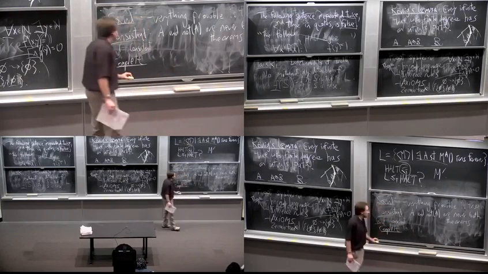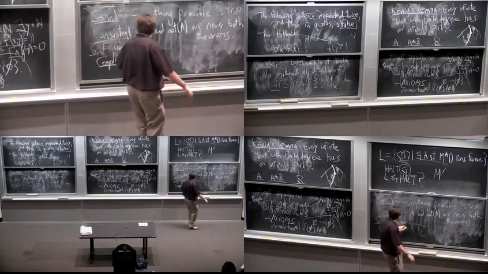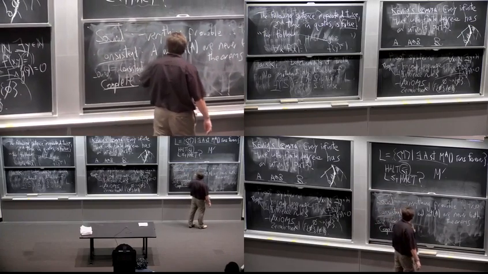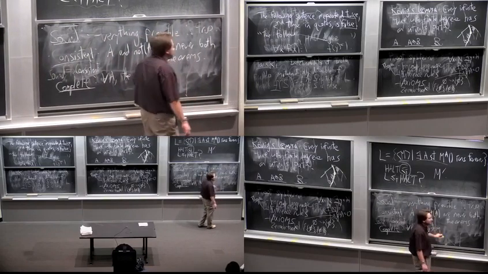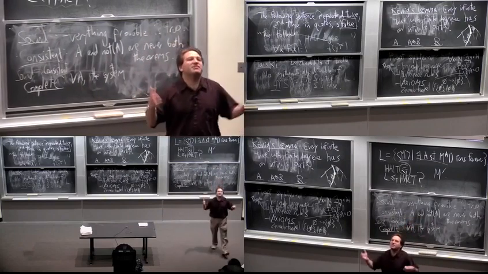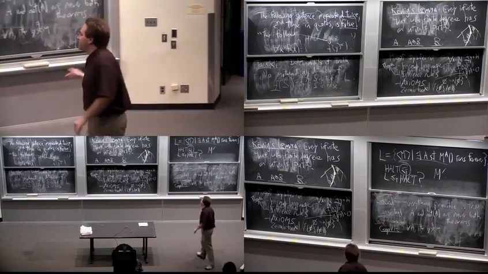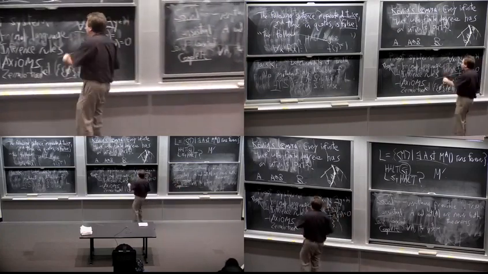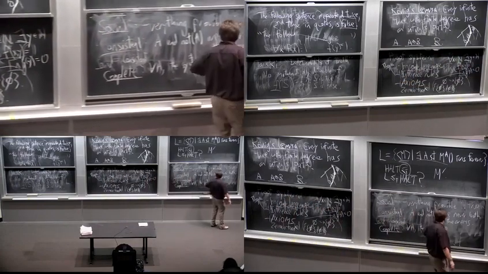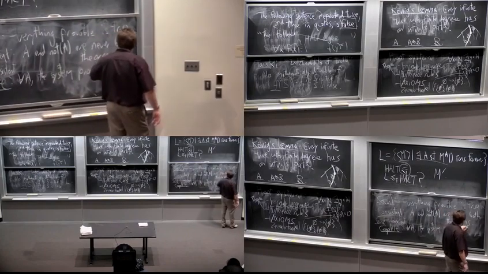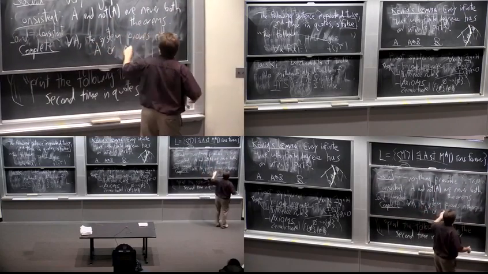Okay, then there's this notion of completeness, important for Gödel's theorem. Completeness means that for every statement A, or at least every statement within the domain of discourse that we care about, so every grammatical sentence that you can form using the rules of this formal language, the system proves either A or its negation.